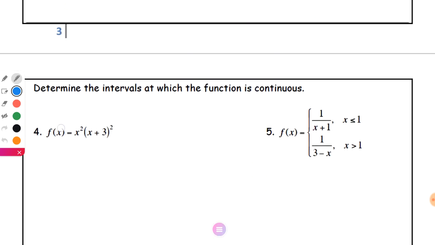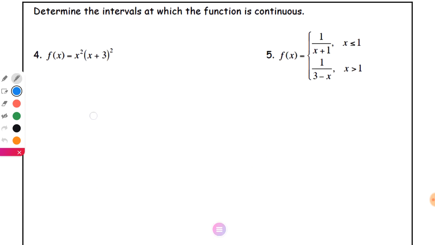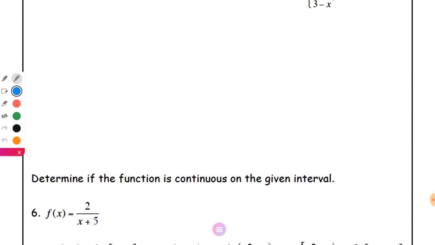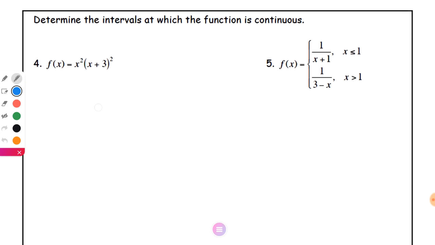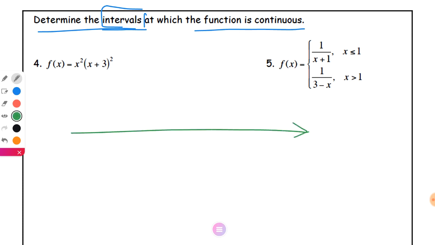Let's discuss the second question, question 4, 5. Focus with me. Here, he asks you to determine the interval at which the function is continuous. Do you know the meaning of interval? Before I begin to solve, try to remember: any set on the number line can be represented by using an interval.